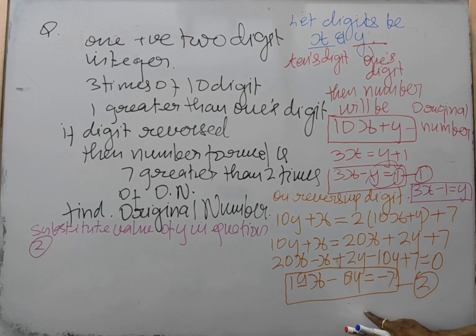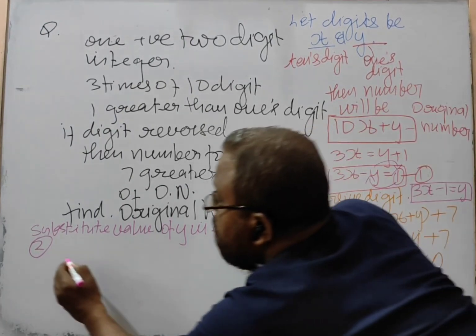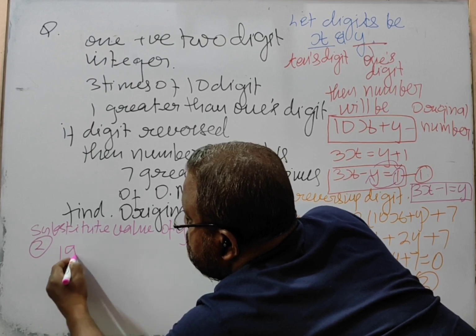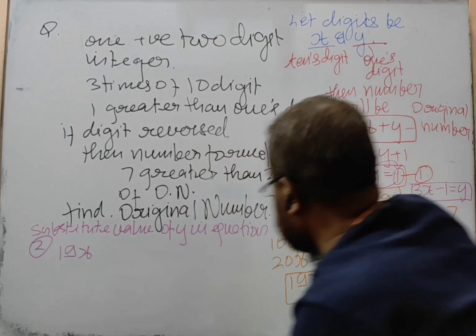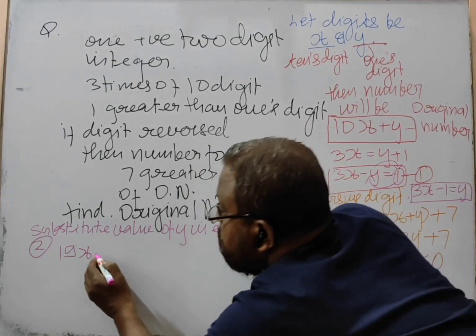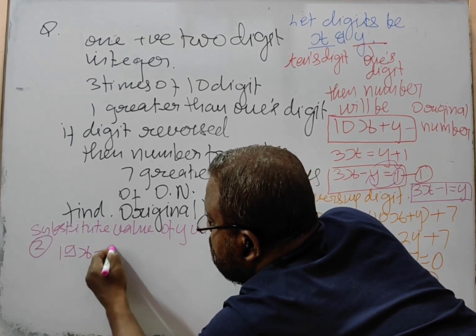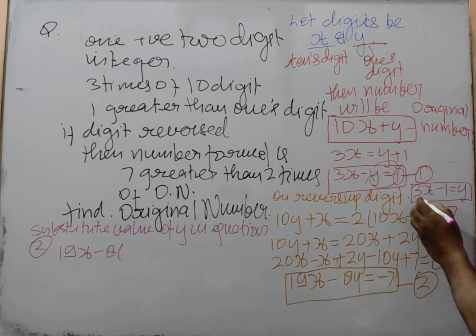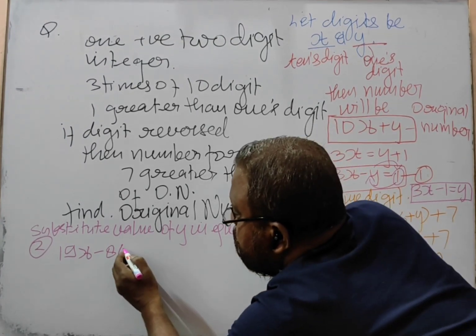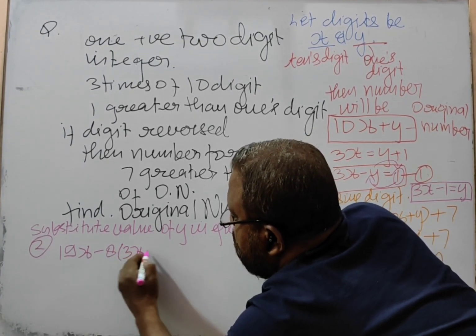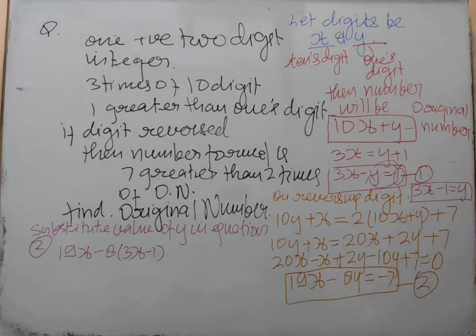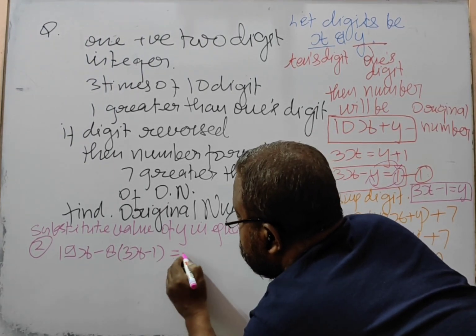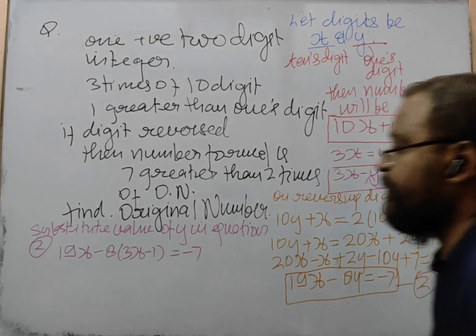So 19x minus 8 times the bracket 3x minus 1, where y is equal to 3x minus 1, is equal to minus 7, right?